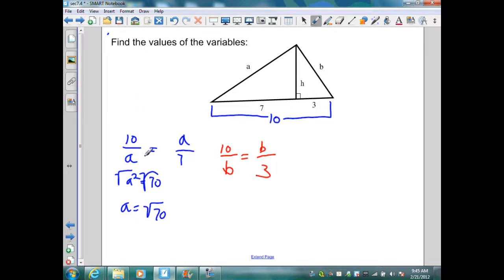So you can see that these two proportions are very similar. It just depends on the segment adjacent to which leg we're dealing with. Then I cross product. B squared is equal to 30. Take the square root of both sides, and I get B equal to the square root of 30, and that is simplified.